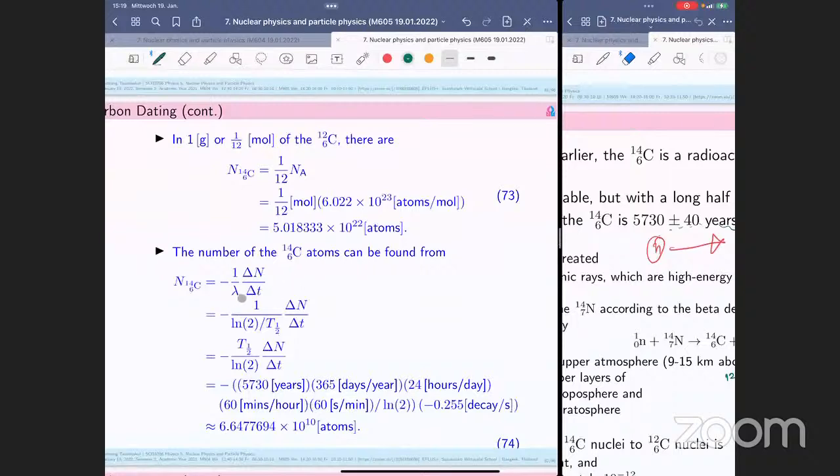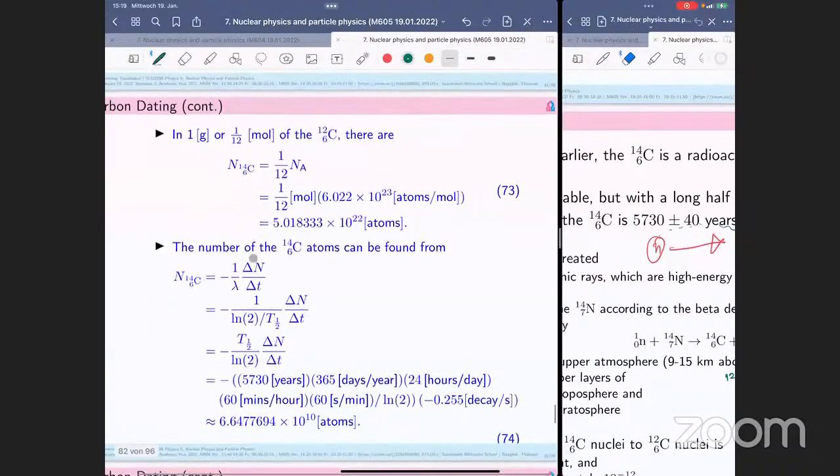And we know that lambda is ln2 divided by the half-life, right? Lambda is the decay constant, and the rate of change is going to be negative because the number of nuclei, or atoms, will be reduced. So the rate of change is negative.